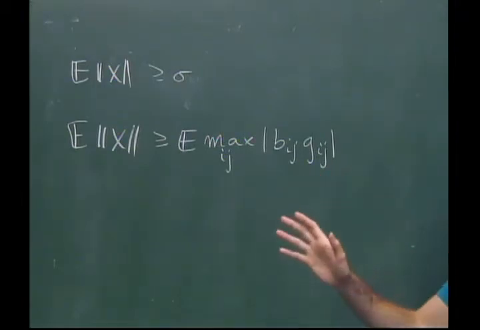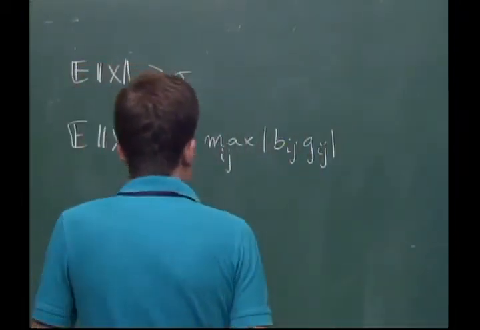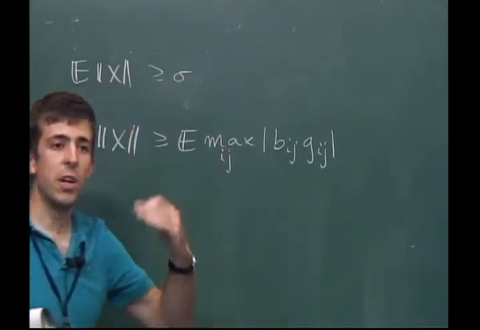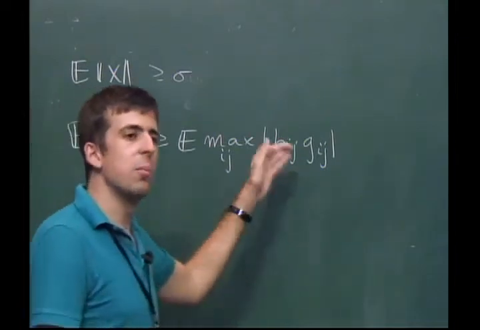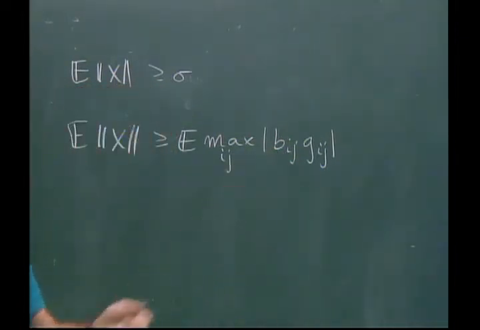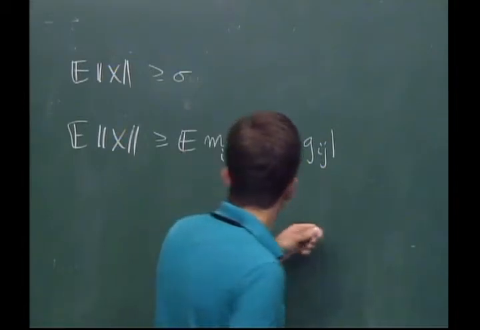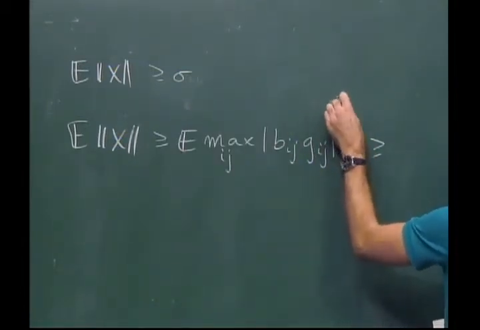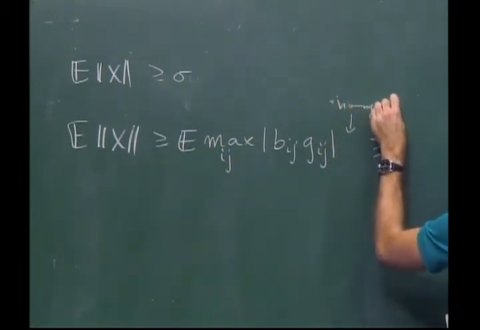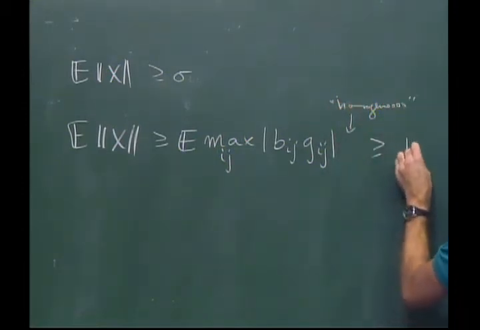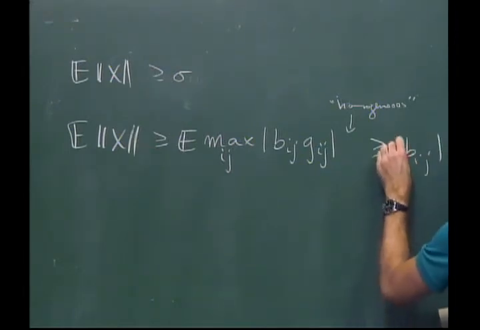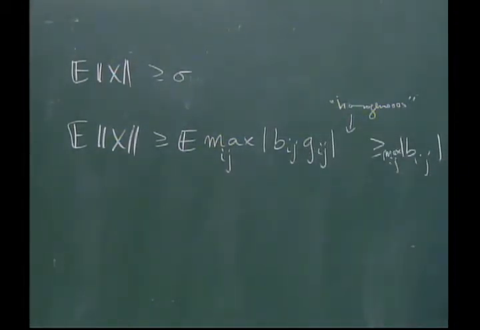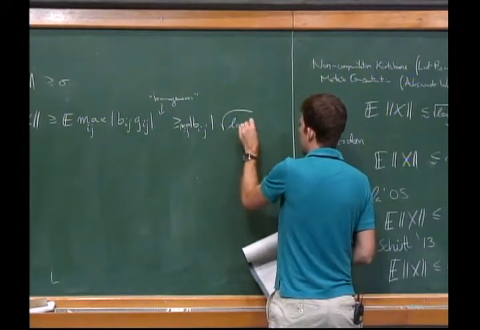that are roughly of the same size, then, as long as, say, the largest bij has some value, say 1, as long as there's a polynomial number of them that also have the same value, say 1 in each row or something, then this needs to be bigger or equal, in some condition. So if it's homogeneous, times the largest Gaussian among all those entries, and this will be of size square root log n.